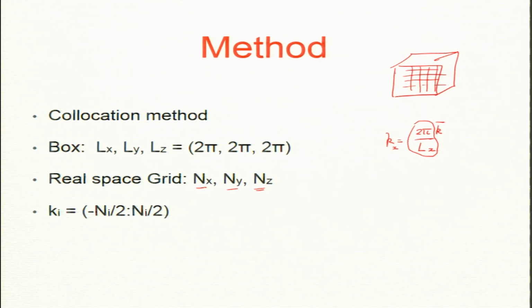Now we probably need to be slightly more careful: not both ends are included. The right end is included, not the left end. What I mean is, 0 is here, nx by 2 is here, which is included, but minus nx by 2 is not included. So the left end is just minus nx by 2 plus 1. You can see how many points are included: minus nx by 2 plus 1 to nx by 2. This is nx points.